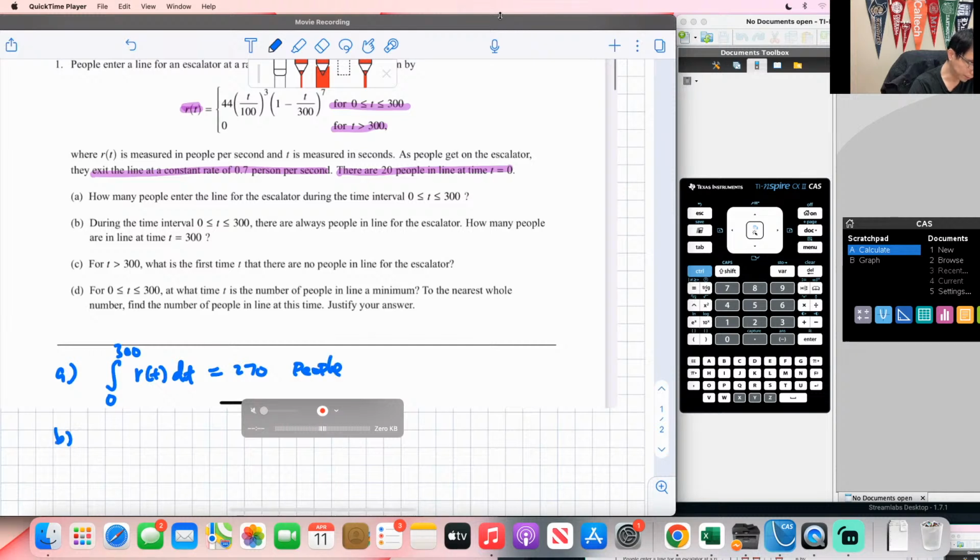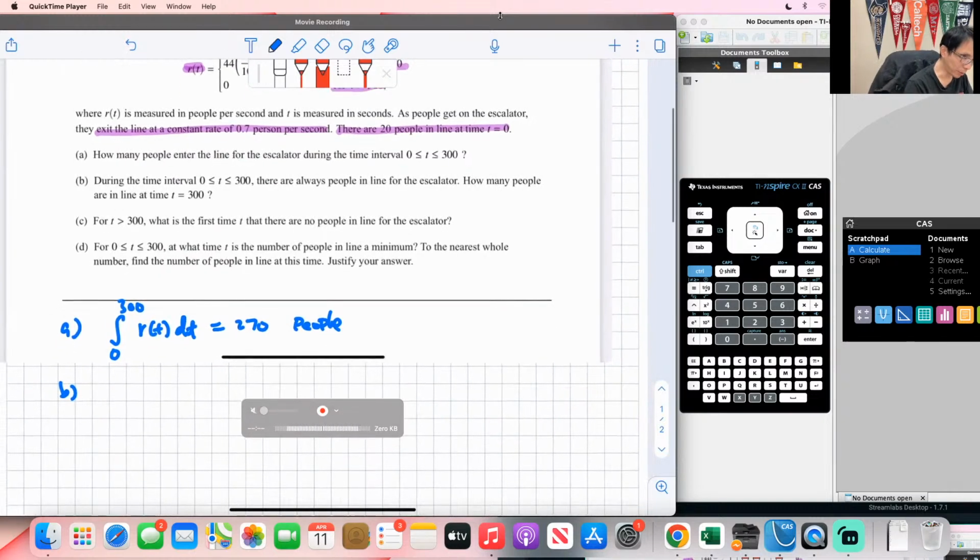For B, the way I did it is different than Jackie's way. What I would do is, they ask how many people are in the line at t equal to 300.